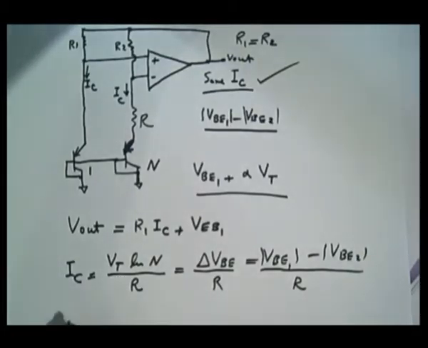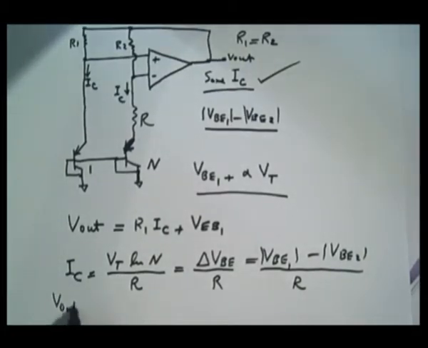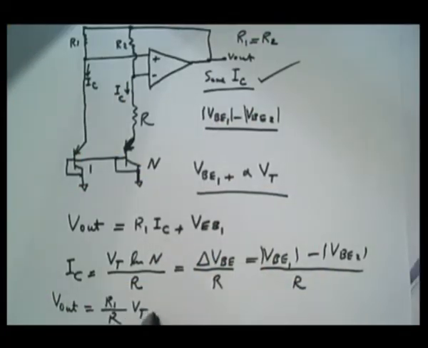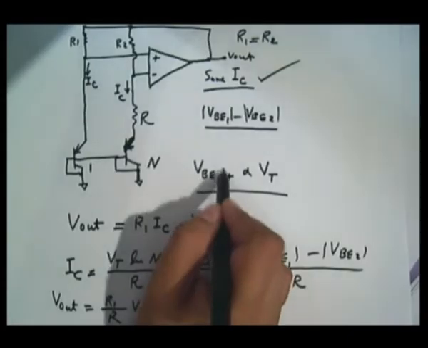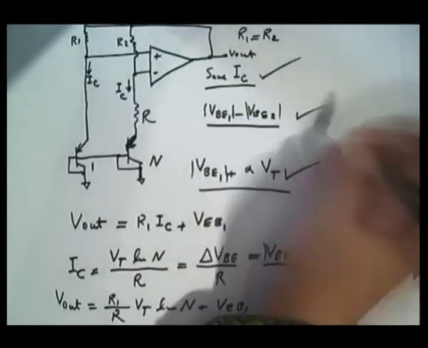Now if you replace, V out is equal to R1 upon R VT ln N plus VBE. So that relation also achieved.